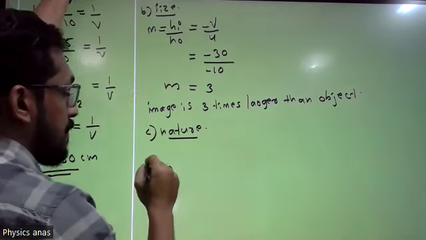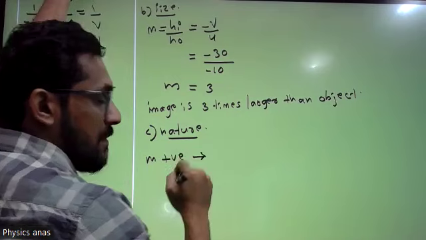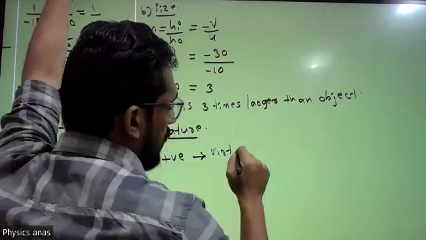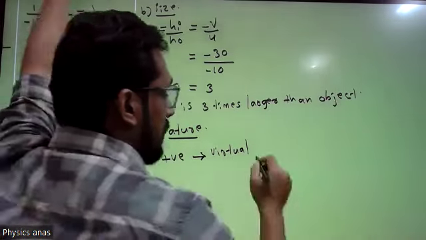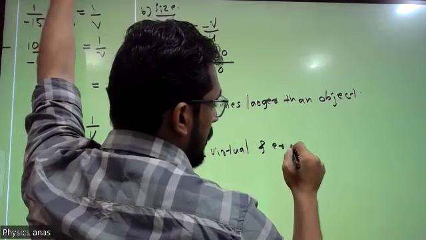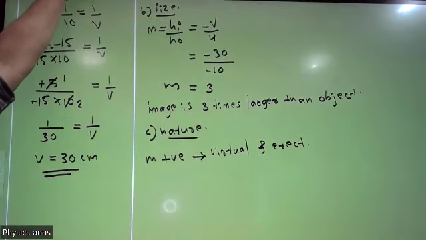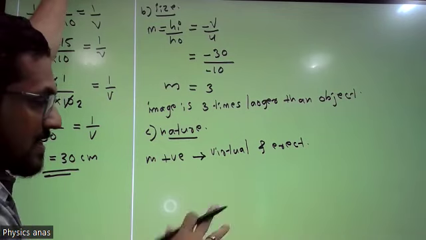If magnification is positive, the image will be virtual. If it is virtual, it will be erect. The image will be virtual and erect. We can understand from magnification. That's the nature of the image.